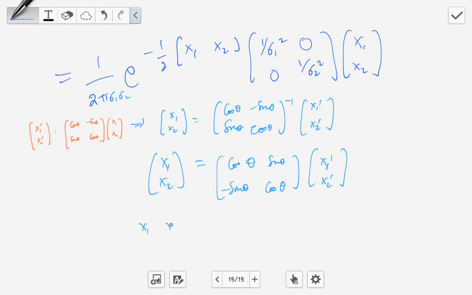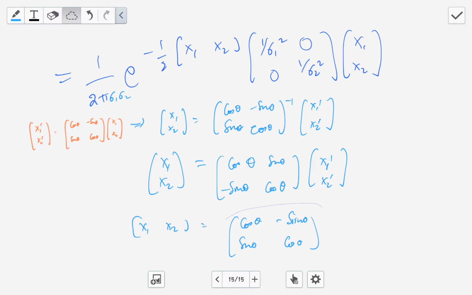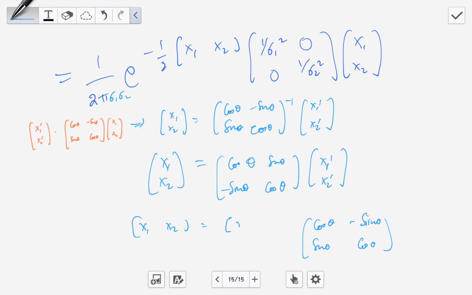So similarly, you have x1, x2 as cos theta, minus sin theta, sin theta, cos theta. Do you see this?